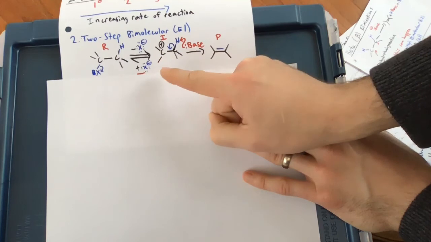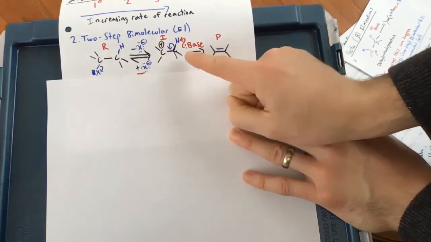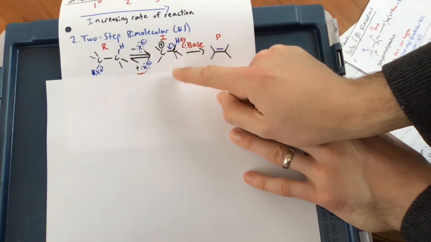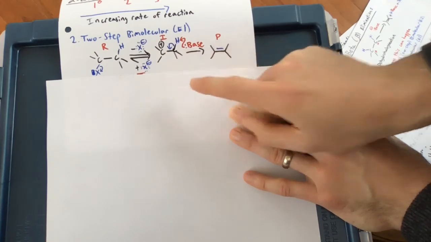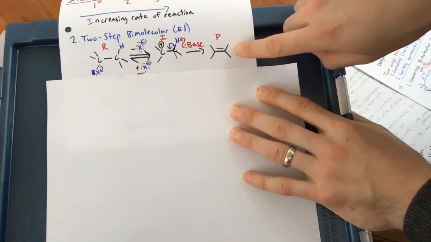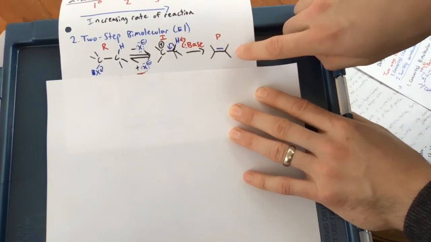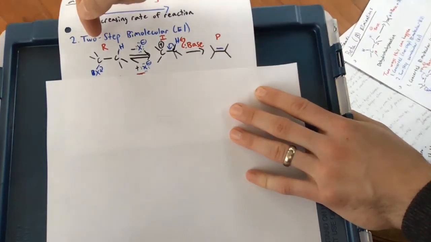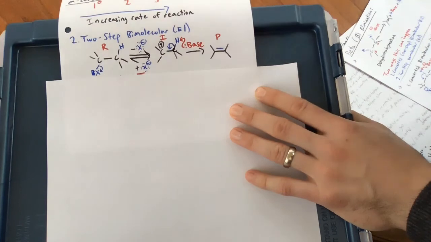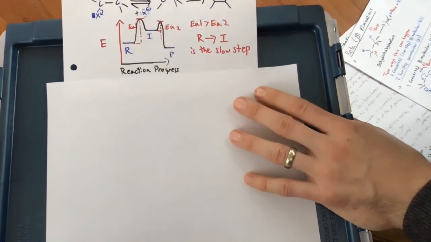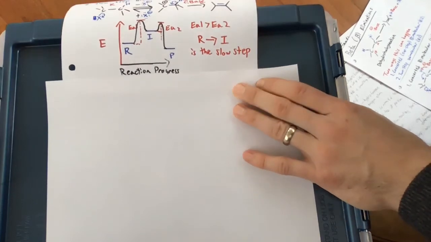And once you generate the carbocation intermediate, then a base deprotonates the alkyl carbocation to make the product, which is the double bonded carbon-carbon material here, this alkene, as shown. So we go from reactant to intermediate to product, just like we do in the SN1 version. And so our reaction diagram reflects that.